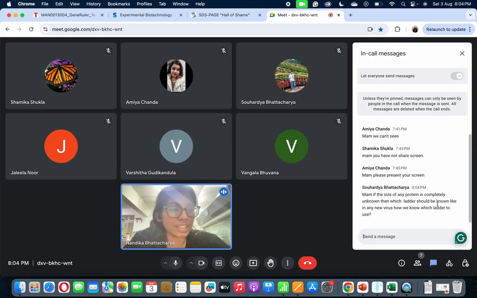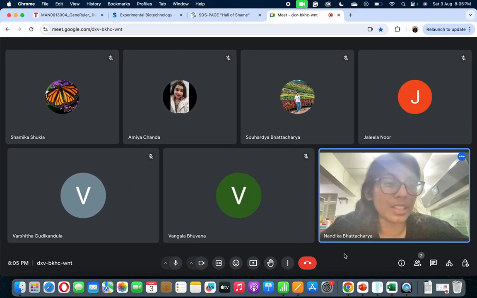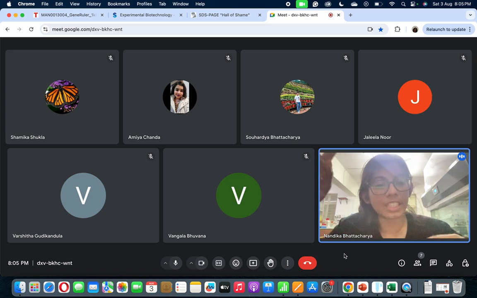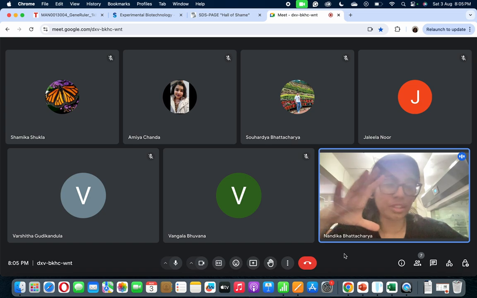If the size of the protein is completely unknown, then which ladder should be used? Like in any new virus, how should we know which ladder to use? Very good question. You get different kinds of ladders. There's something called a broad range ladder, which will have a very large range of molecular weights, which you can use in your first gel just to get an idea of where it is coming in the gel.